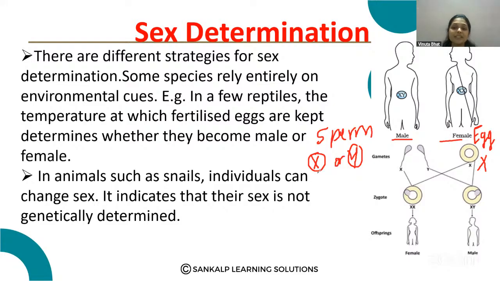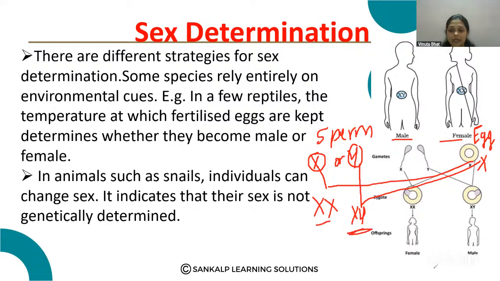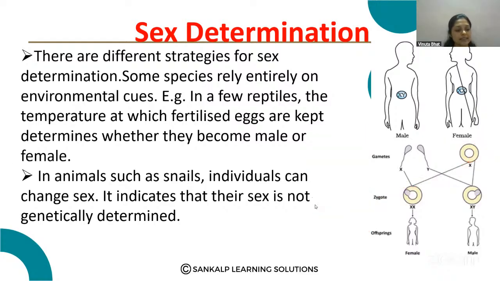The sperm having the X chromosome fertilizes with the egg, then the resultant offspring will be XX. And the sperm having the Y chromosome fuses with the egg, because the egg always has the X chromosome, it will become XY. Okay. So XX means female, XY means male. So what we can say here, the sex is determined by the father, not by the mother. So sex is determined by the father, not by the mother.